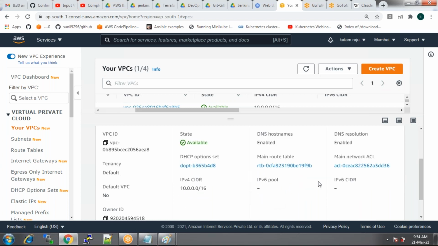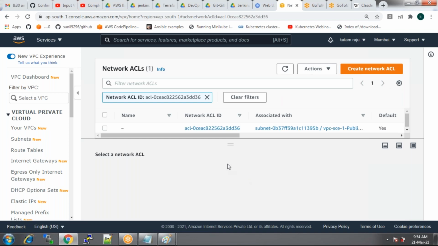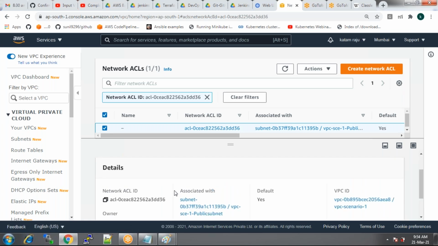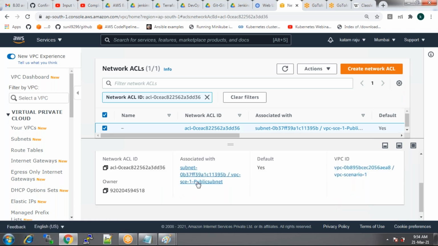And then that is your NACL, network access control list. Go to network access control list. Select it. This NACL is associated with the subnet. You see the subnet, right? What is the subnet name? VPC scenario 1 public subnet. That is associated to the public subnet.